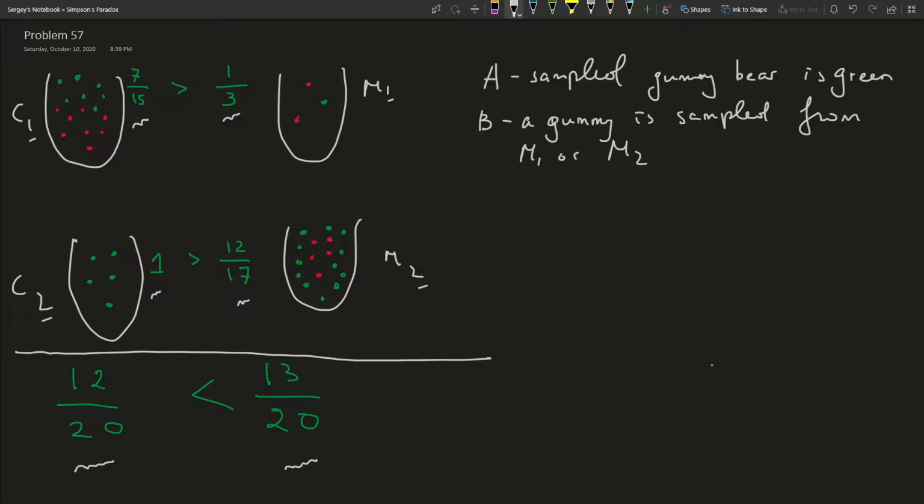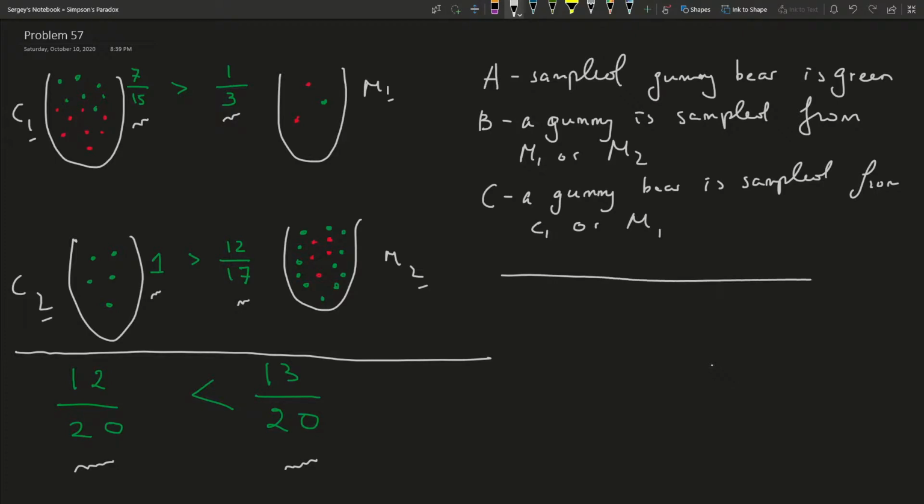And we'll let C be the event that the jar being sampled from has subscript 1, so C is the event that a gummy bear is sampled from C1 or M1, a jar with subscript 1.